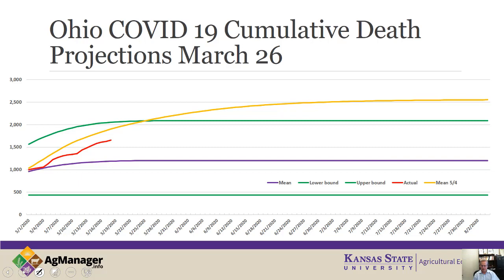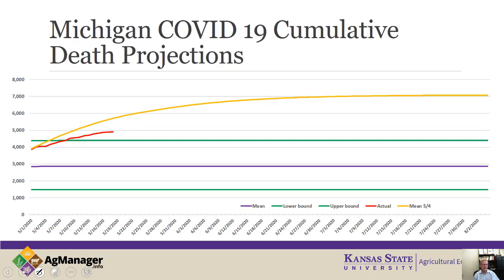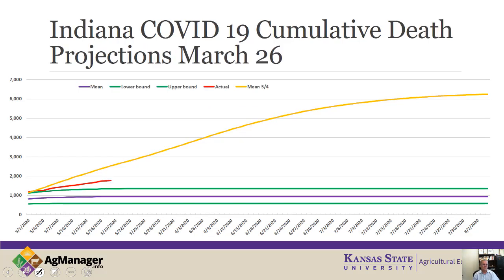Same in Ohio, the actual outcomes have been a little bit better. Michigan, the actual outcomes have been a little bit better, but again, you can see the difference there with regard to the original predictions of a little less than 3,000, the actual approaching 5,000, and then the prediction as of May 4th about 5,700.